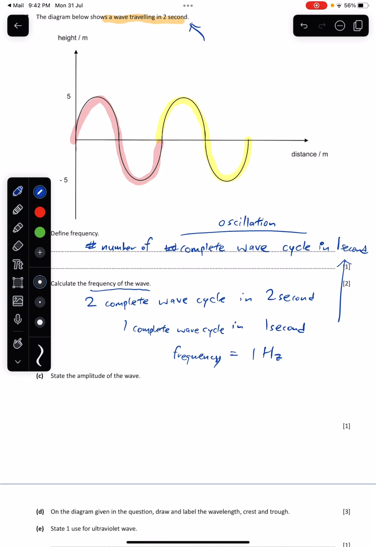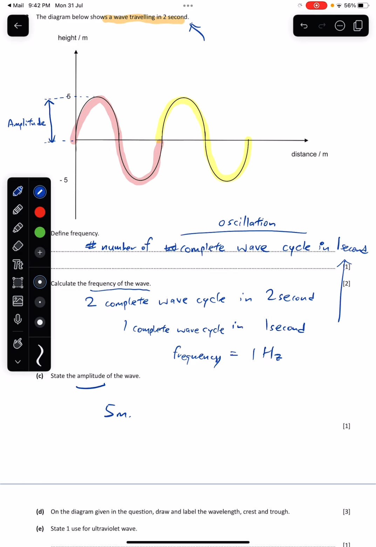Okay, next one, amplitude. Amplitude is actually here. So amplitude is just 5 meter. So this is your amplitude. So be careful. Did the question ask you to draw and label? Never. Question just say, tell me, state. So I only want the number.